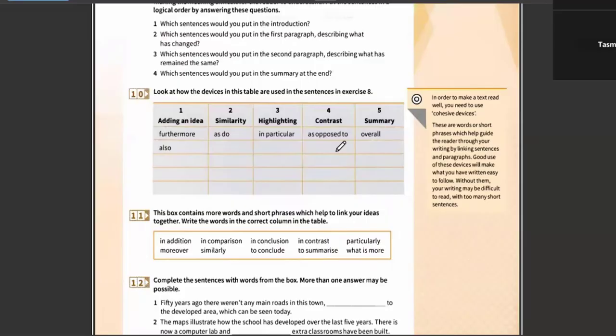So we have to take all the 10 phrases from the box, and we either have to put it in the first column, that is adding an idea, or under the second column, that is similarity. So which phrase actually represents which device, that is what we have to find, and we have to put it in correctly. Okay, is it clear? Yes. Okay, so take your time and put it under the columns.